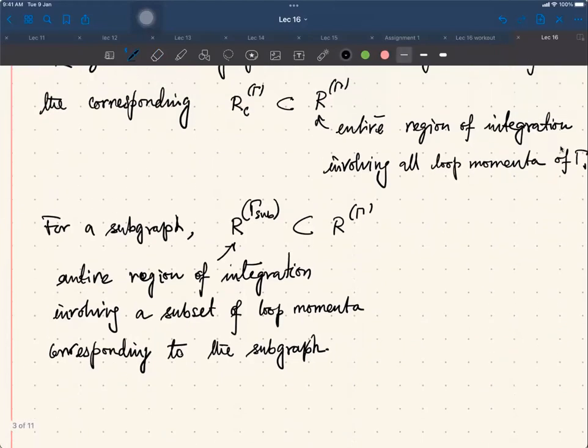So the entire graph gamma has a set of loop momenta, and the integration region for all of them is R gamma. Gamma sub, the subgraph, involves only a subset of those loop momenta, and the entire region of integration of that subset of loop momenta is the region R gamma sub. Now, when a subgraph is divergent, it is a coincidence region within this.